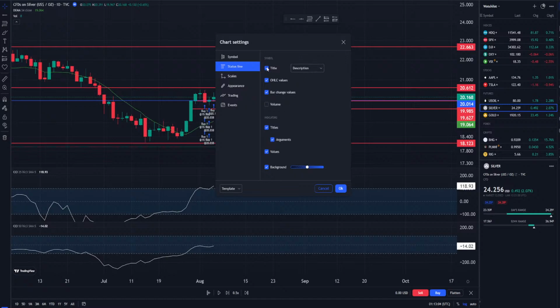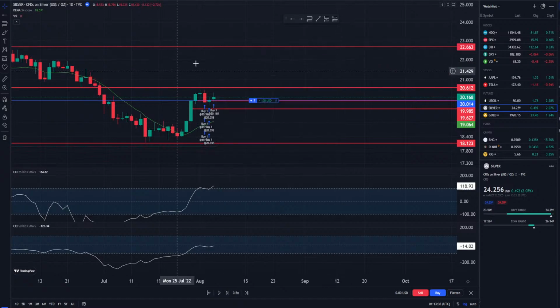Yep. Description. Ticker and description. What is it? Just ticker. Silver in a day. Let's do ticker and description. Yeah. Good with that right there.